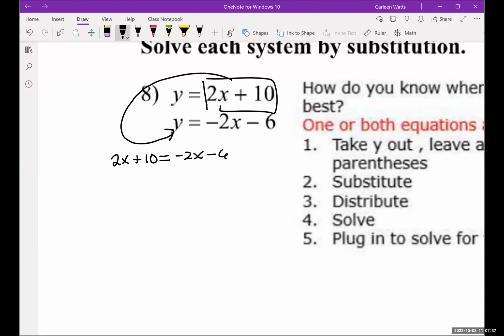Make them friends. They're both friends with y. Make them friends with each other. So our whole goal is to go from 2 equations and 2 unknowns down to 1 equation, 1 variable, 1 unknown. I'm going to add 2x.